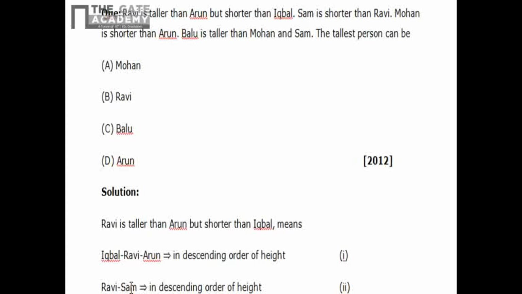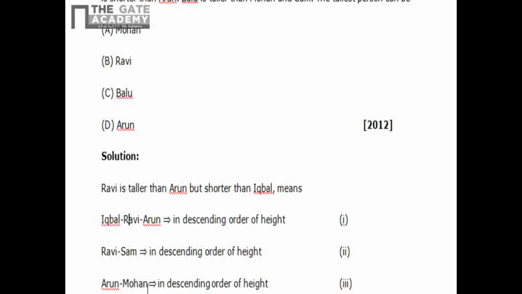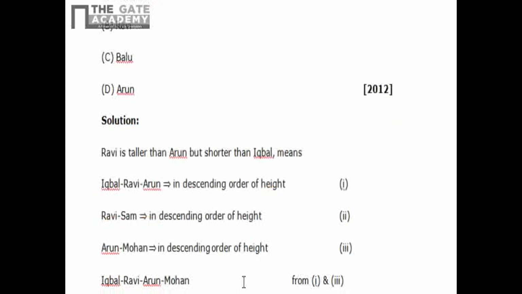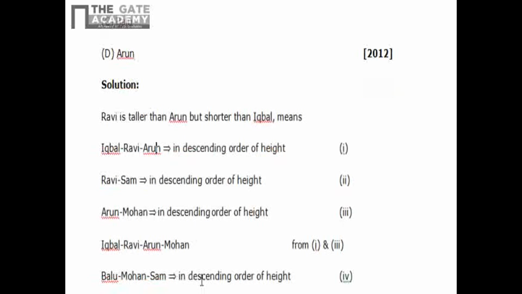That means Ravi, Sam in descending order of height. Mohan is shorter than Arun. That means Arun, Mohan, same in descending order. So from 1 and 3 we can definitely write that after Arun there will be Mohan: Iqbal, Ravi, Arun, Mohan.